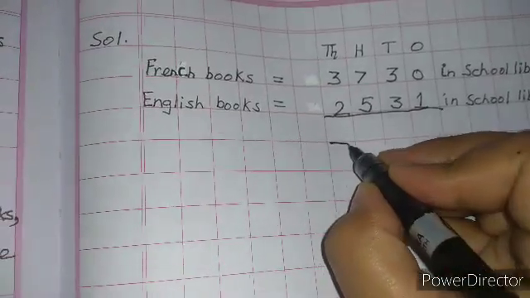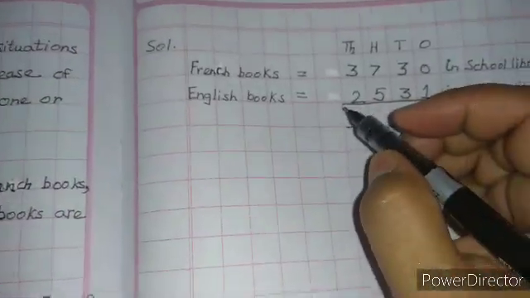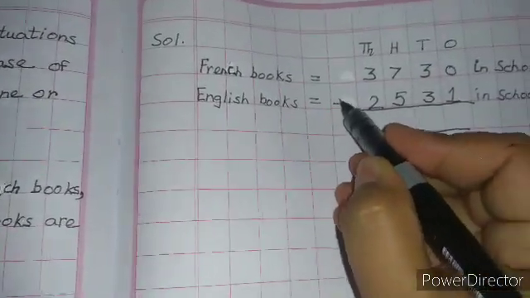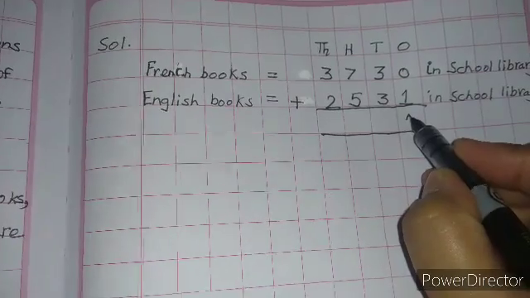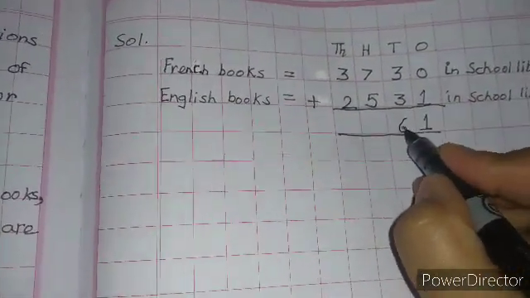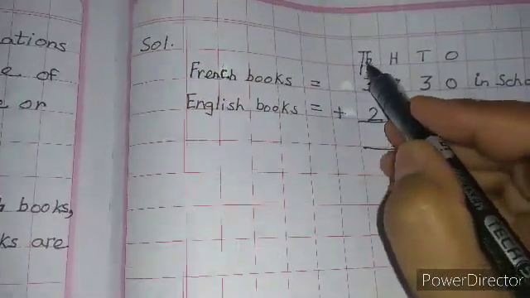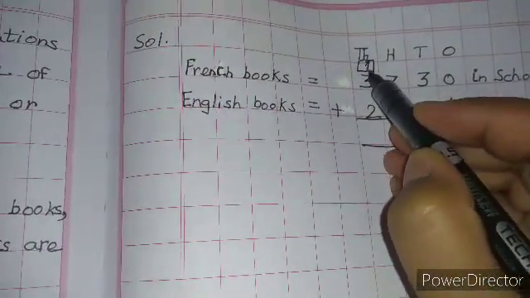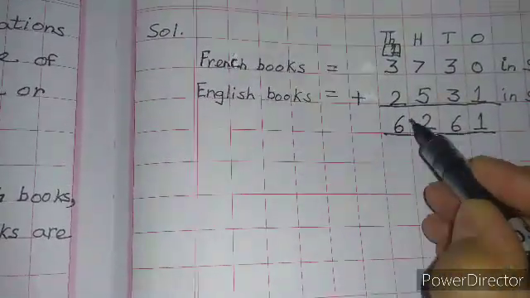Then what we have to do? We have to find how many books are there in all in the library. So we will add, what will come here? 1, 0 plus 1 is 1, 3 plus 3 is 6, 7 plus 5 is 12, 2 here and 1 carry, 3 plus 2 is 5, 5 plus 1 is 6.